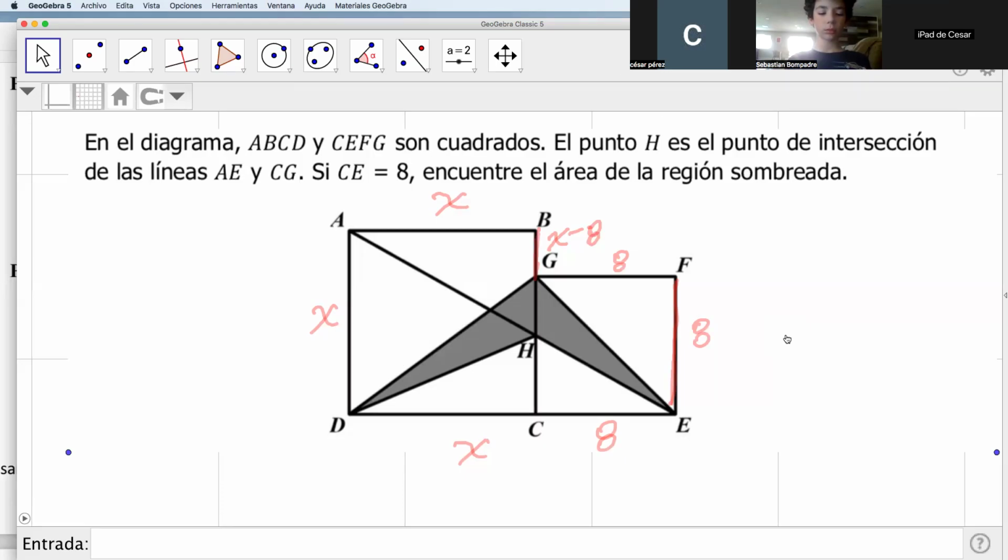Now we're going to need, okay, we don't know what is the measure of this. If we use a G, okay, we don't know what is that height. So we can do something like that. Here we have a square.